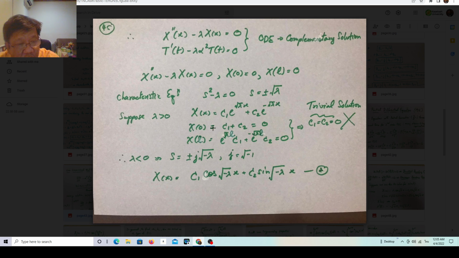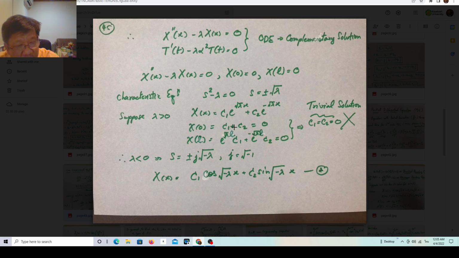When you put in the condition at x equal to 0, the first condition will be c sub 1 plus c sub 2 is equal to 0, because e to the 0 is always equal to 1.